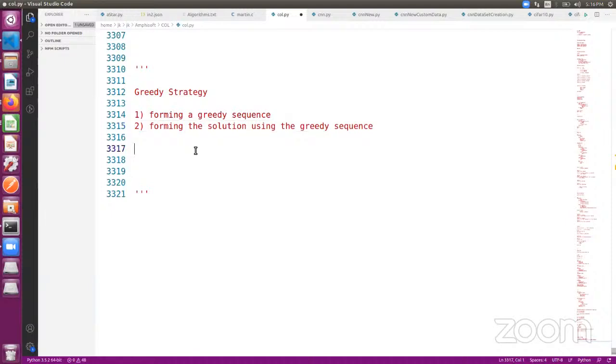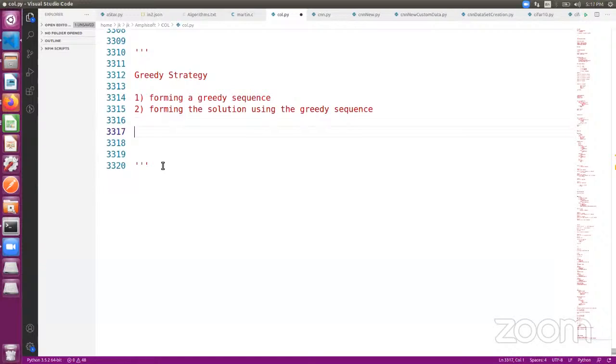That's all. We can take examples and try to understand clearly what exactly is greedy strategy. The best example to illustrate greedy strategy is the coin change algorithm.